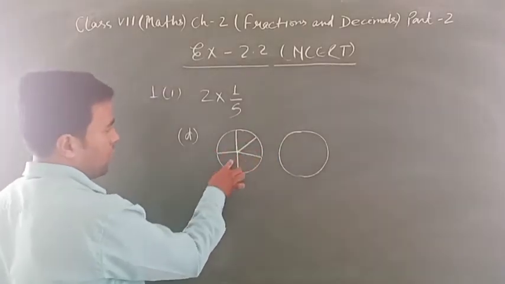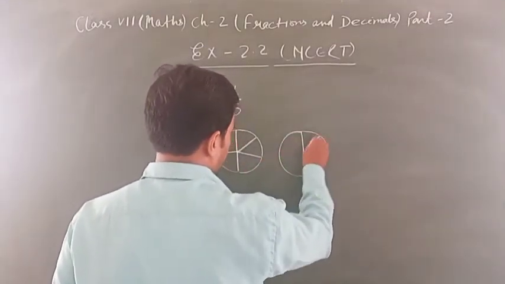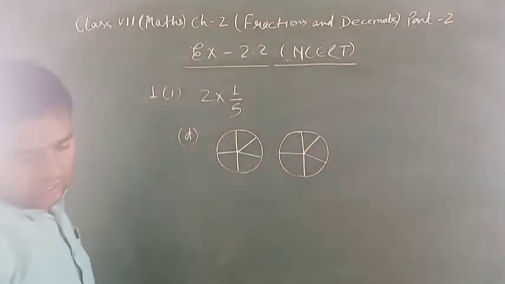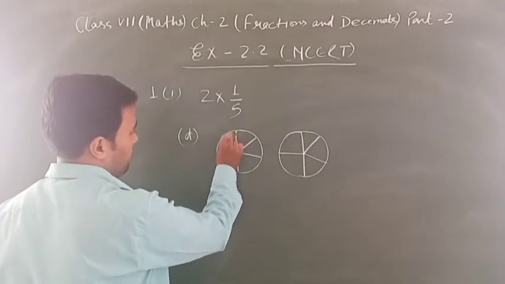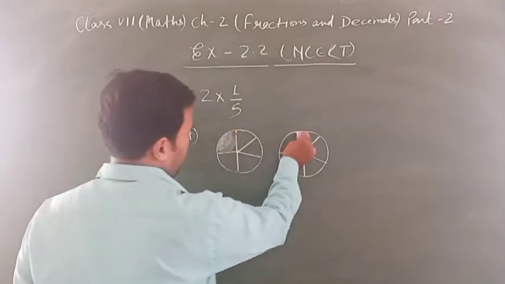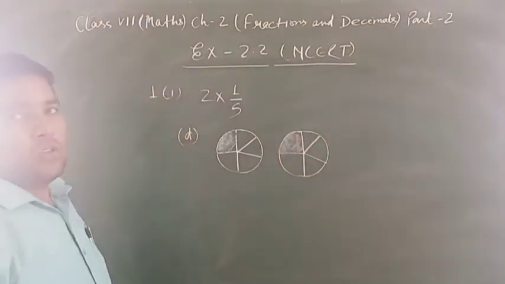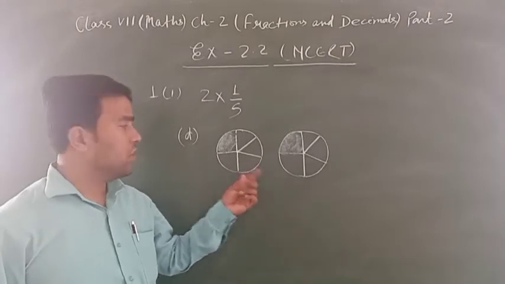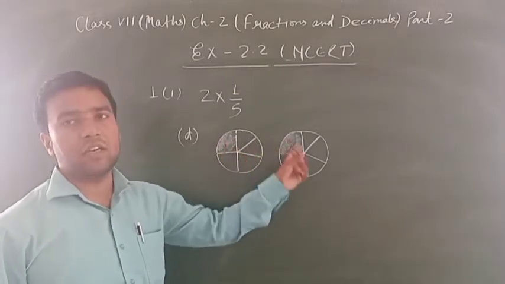One, two, three, four, five. Okay, and only one part is shaded. So here is one figure, both are circles. There are 5 parts, clear, and one part is shaded.